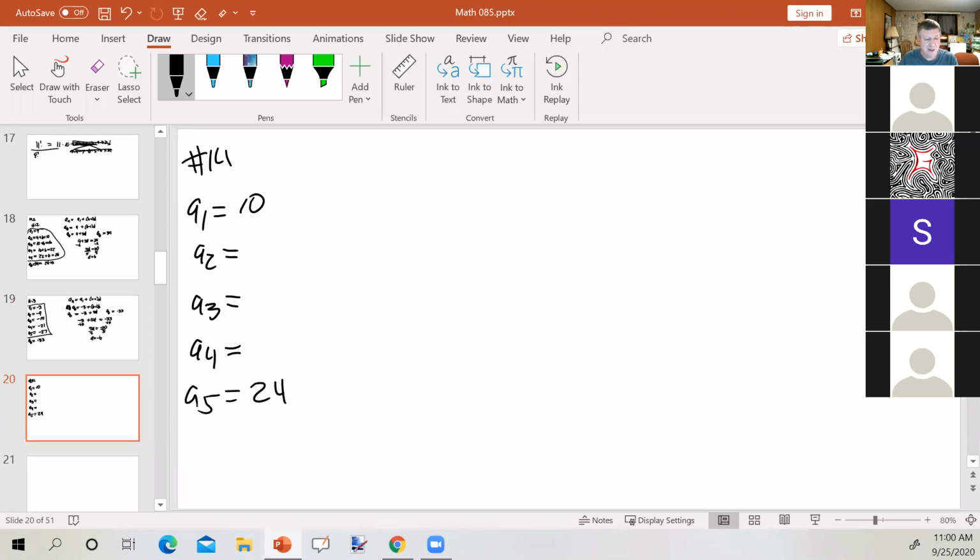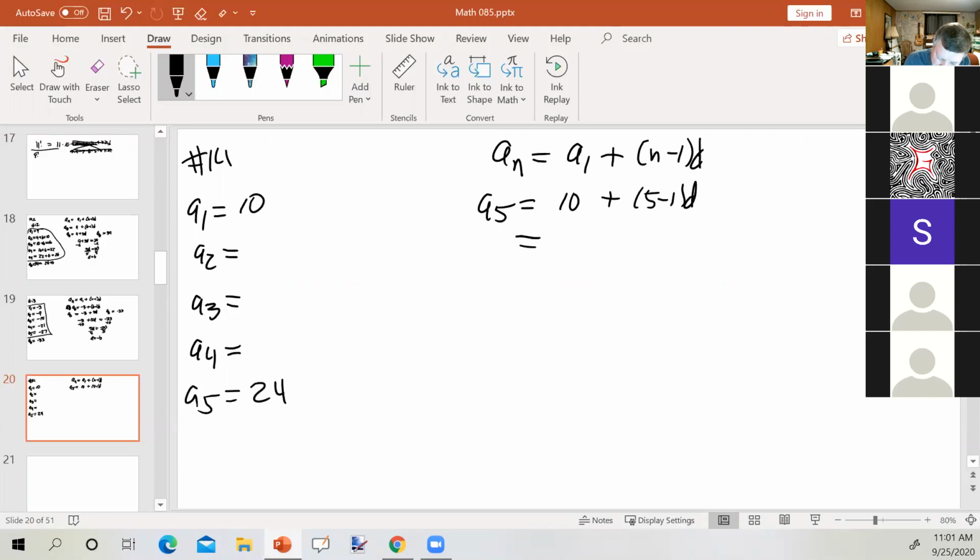So once again, I'm going to use the formula to find the common difference. A sub n equals a sub 1 plus n minus 1 times d. A sub 5 equals 10 plus the quantity 5 minus 1 times d, which is 10 plus 4d. And a sub 5 also equals 24.